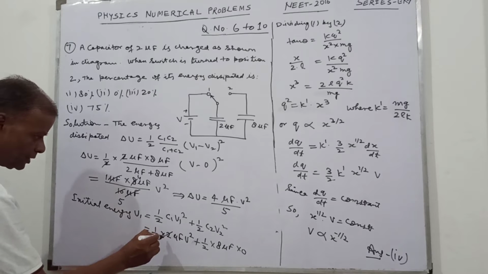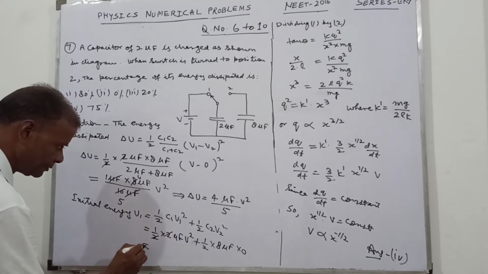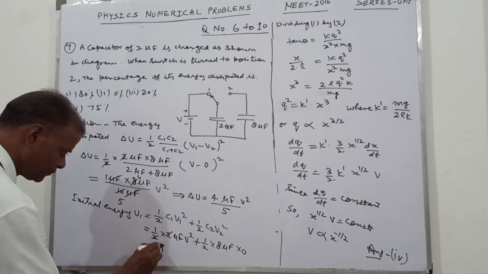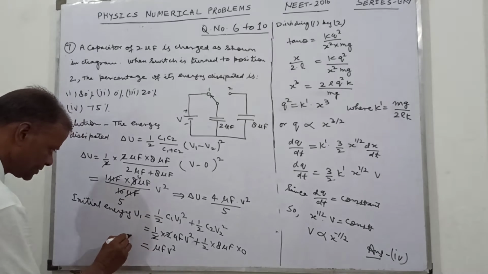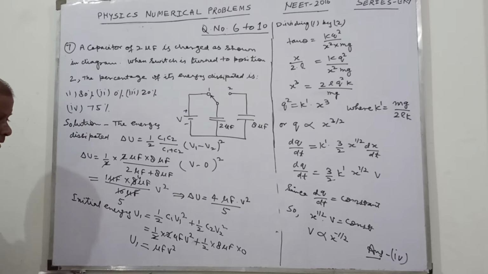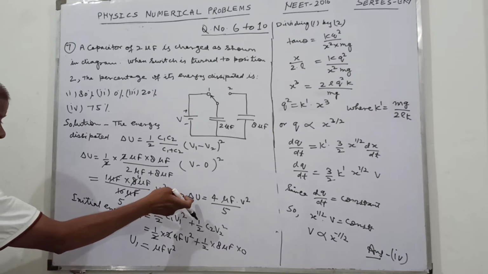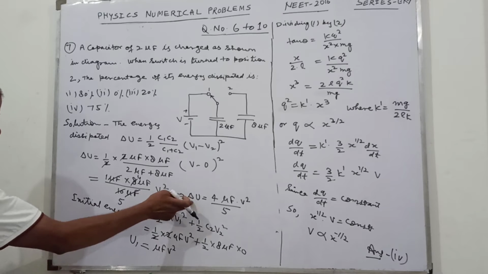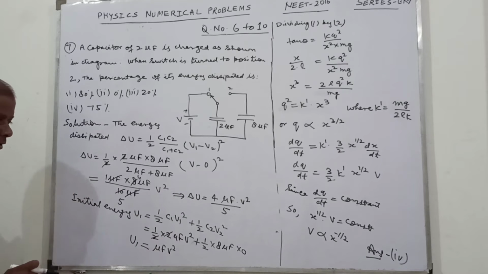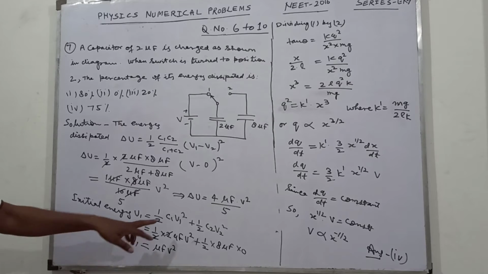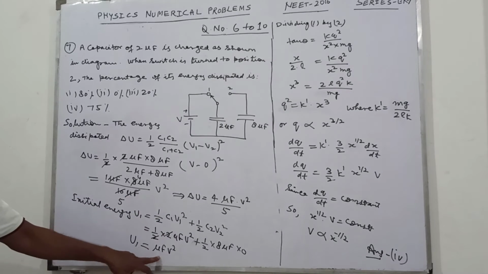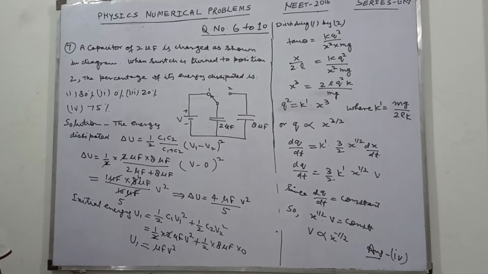So this 2 and 2 will cancel and this will give you 1 microfarad into V square. This is equal to U1. So now you find the ratio of these two. Then what do you find? That if we take delta U upon U1, that will be equal to 4 by 5.